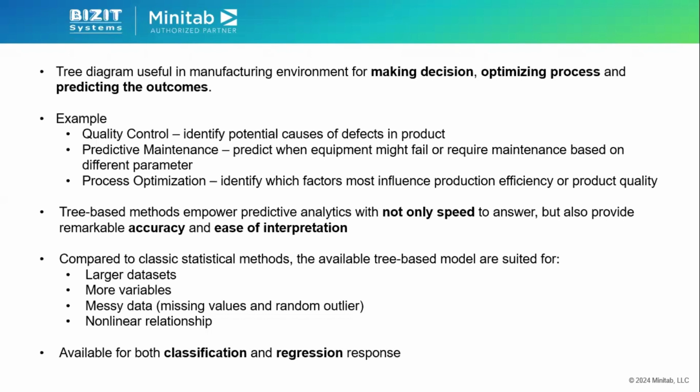As we know, when the machine breaks down, you can increase your cost, you can lose something, which is not so good for your company. And then maybe you want to see process optimization. Okay, maybe you want to see the factors that most influence your production quality or something like that. So all these things are examples of how we use the tree diagram in your industry.